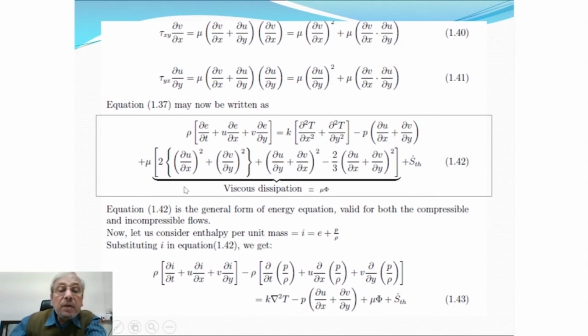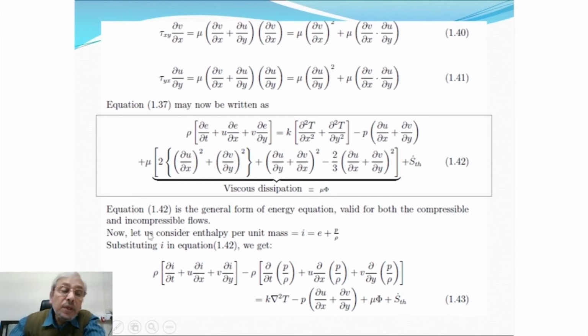So then this is the complete viscous dissipation, and it is mu into uppercase phi, and uppercase phi is given by this expression, which is called the viscous dissipation function, and that into mu is the complete viscous dissipation, plus S dot, the thermal heat source. Now equation 1.42 is a general form of energy equation valid for both the compressible and incompressible flows.